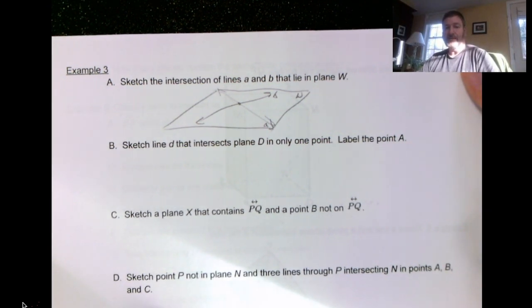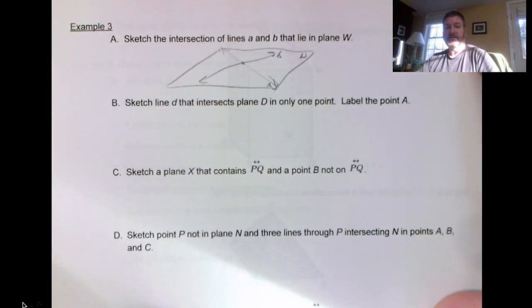Sketch line D that intersects plane D in only one point. And we're going to label that point A. So to do that, we're going to have to draw something three-dimensional.